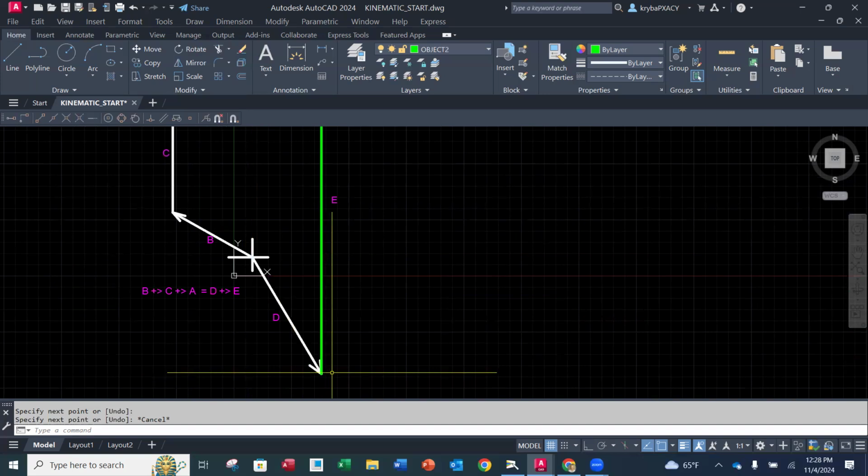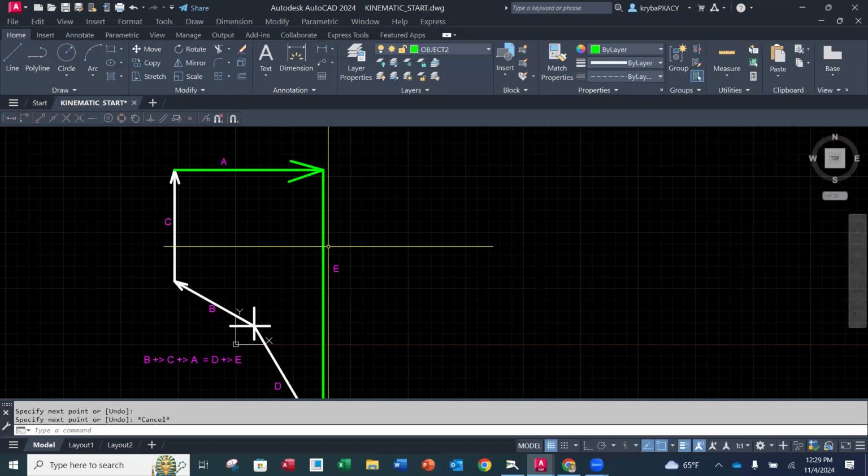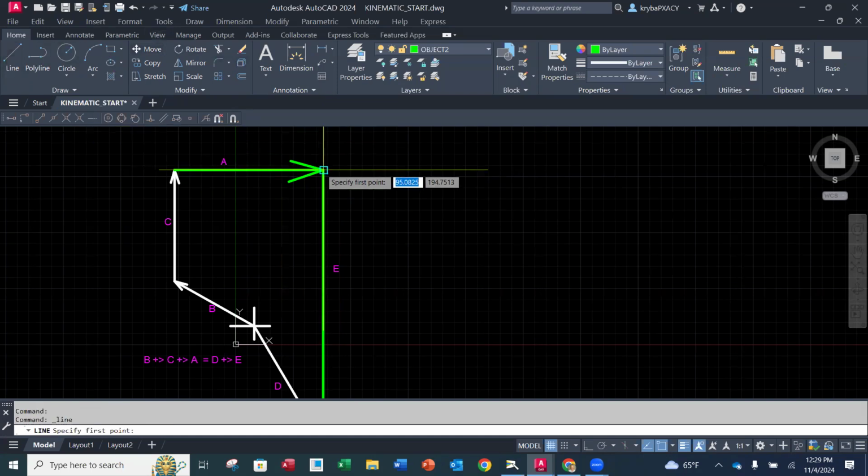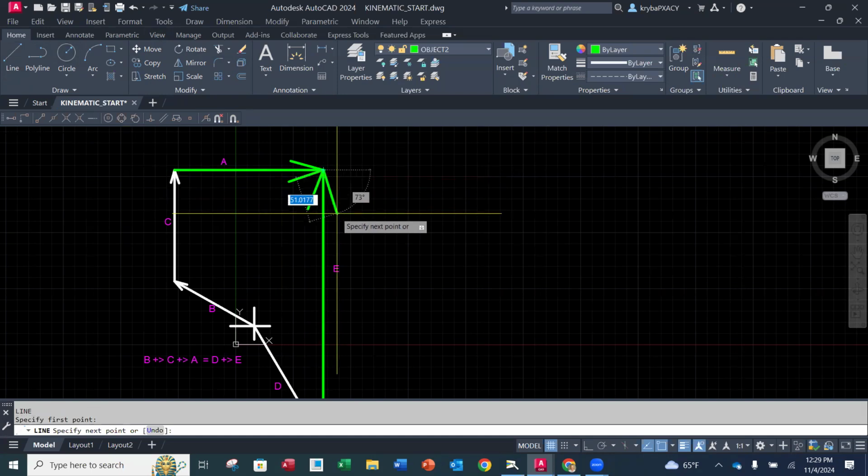Now the tip of E, we're going to add E to D. The tail of E is going to go to the tip of D. So that means its tail is here. So its tip is going to be at the intersection with A. So we're now going to put the arrowhead pointing up for E.